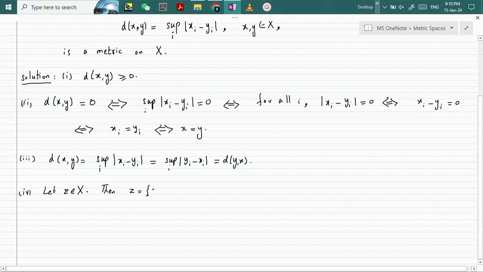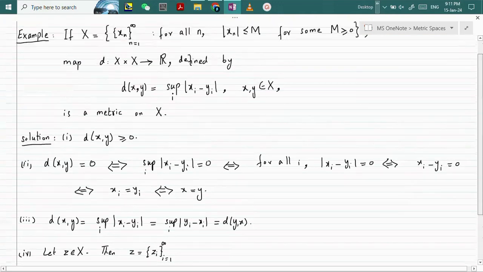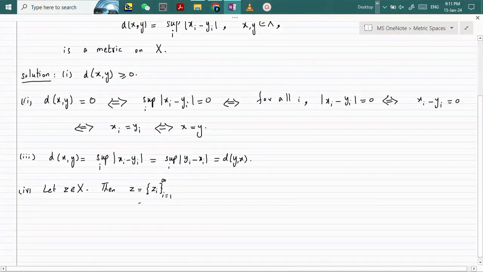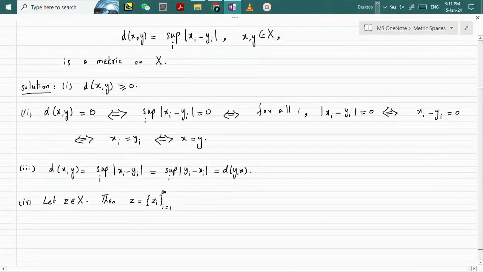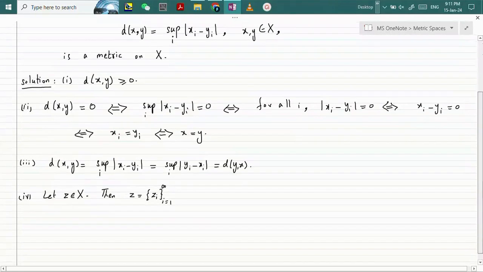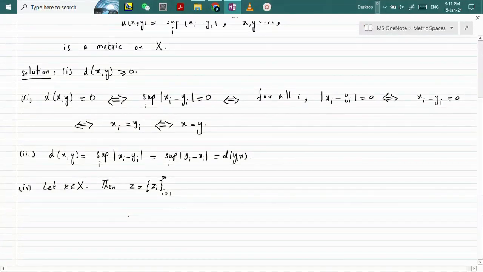So z has the form z_i, i from 1 to infinity. We shall prove the triangle inequality here.